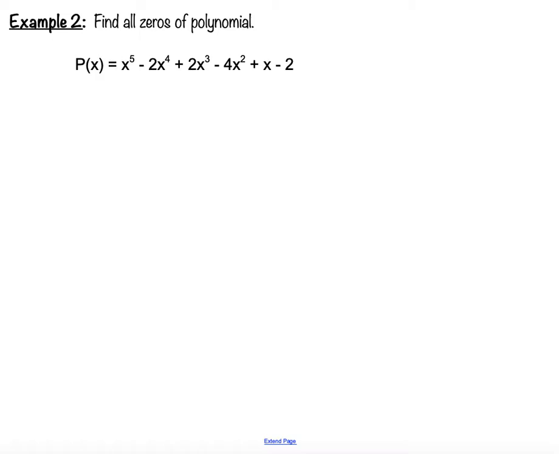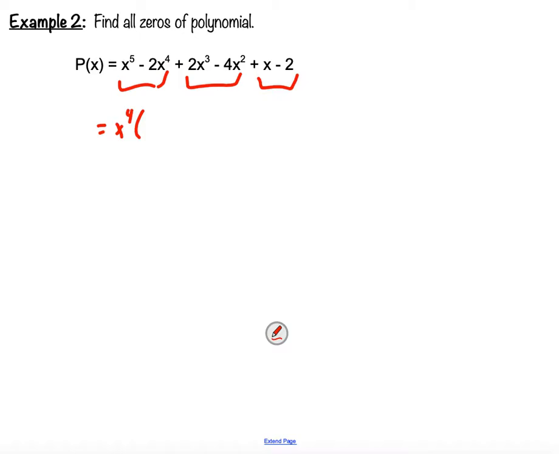All right, so example 2 here. This one, if you notice, has an even number of terms, so we might be able to go ahead and factor this by grouping. Looking at those first 2 terms, what's the GCF? The GCF there is x to the 4th.